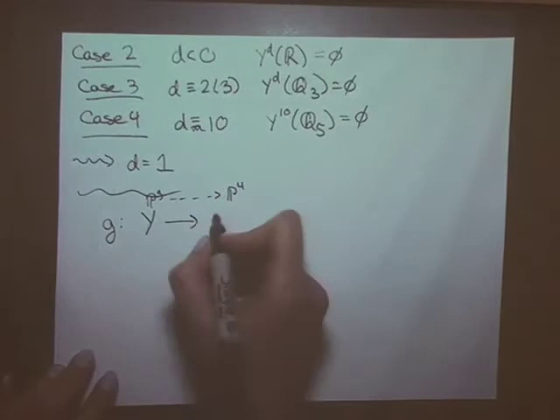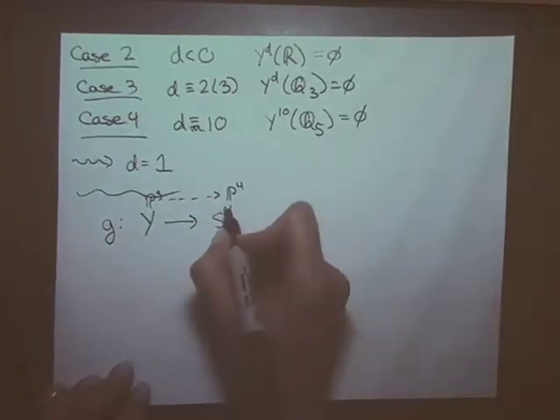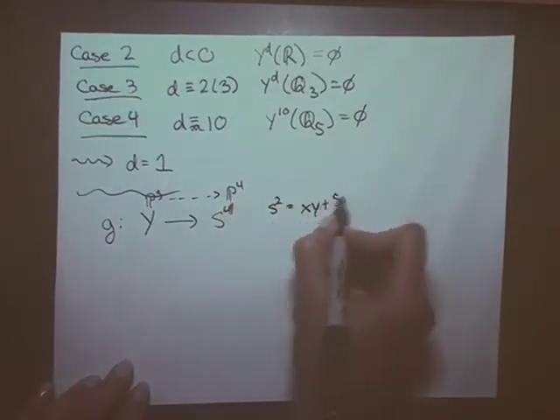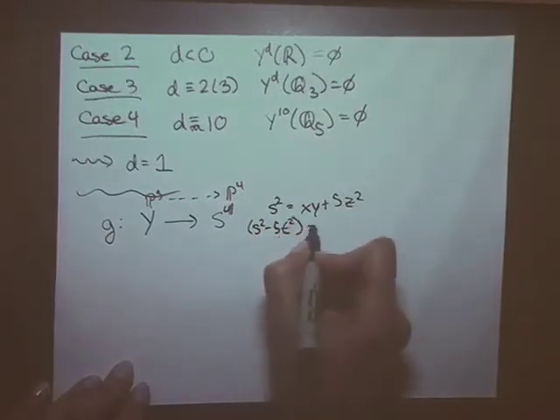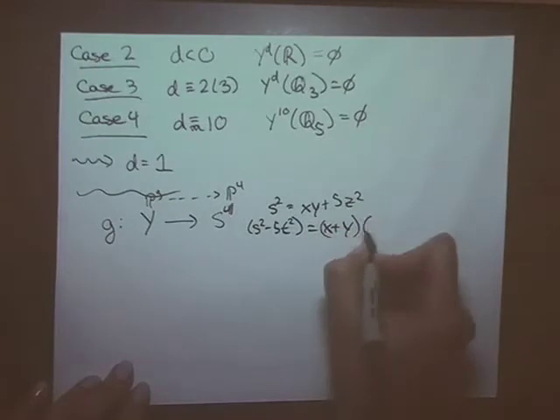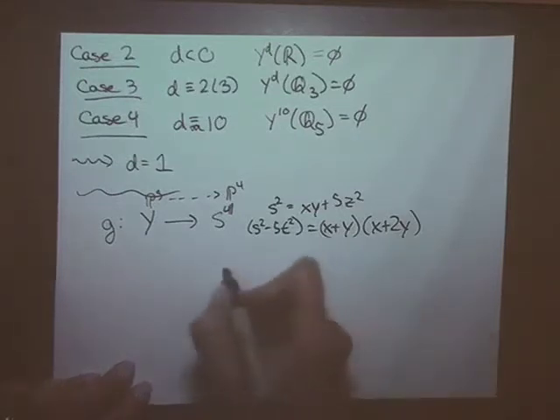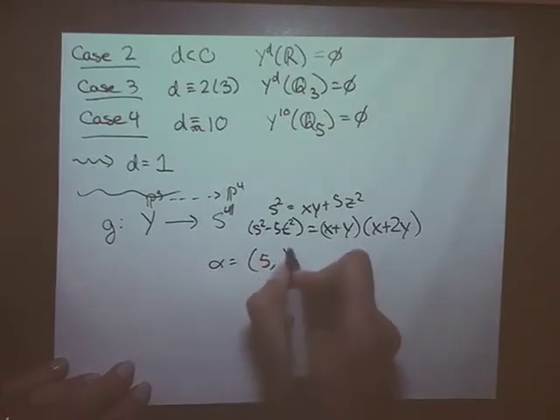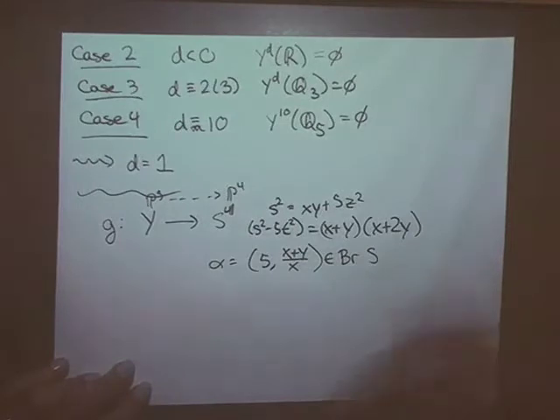And then what is the image of that? This map S, which is just given by these first 2 equations. Okay, and also very conveniently in my earlier lecture, I told you that on this S, the element (5x + y)/x is in the Brauer group of S that we computed.